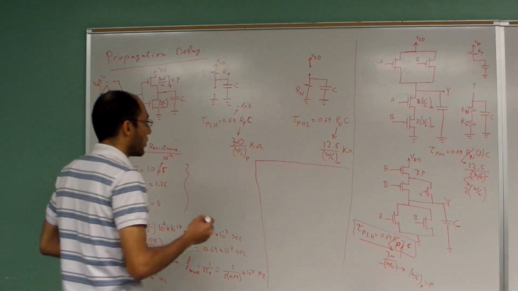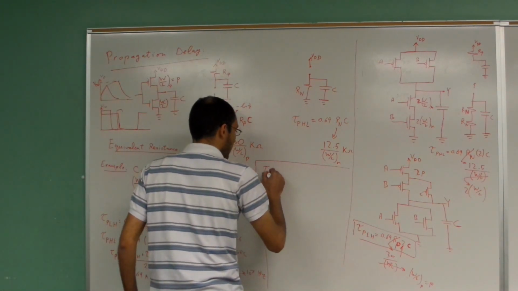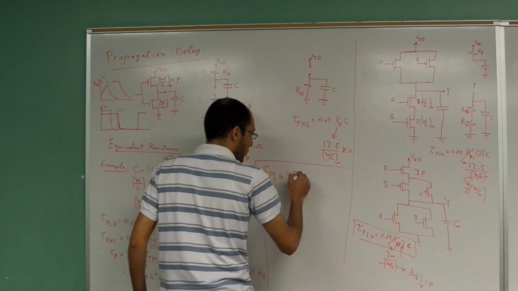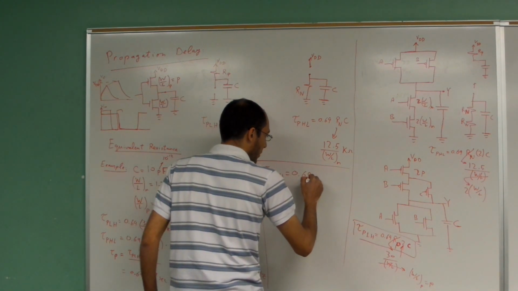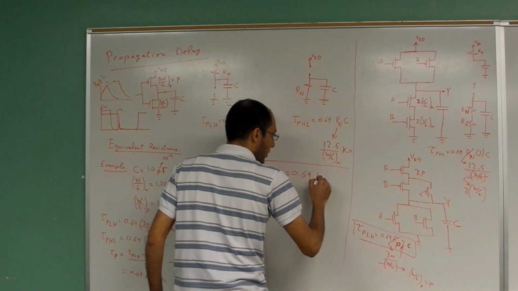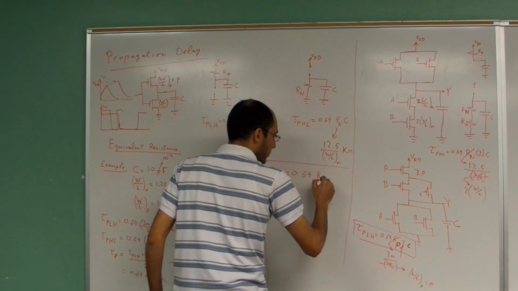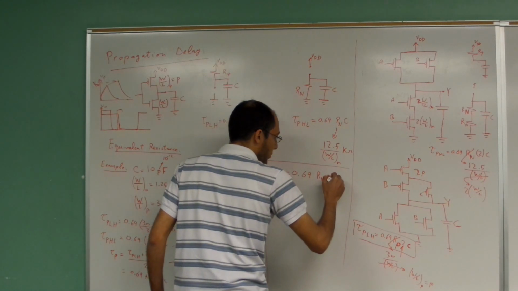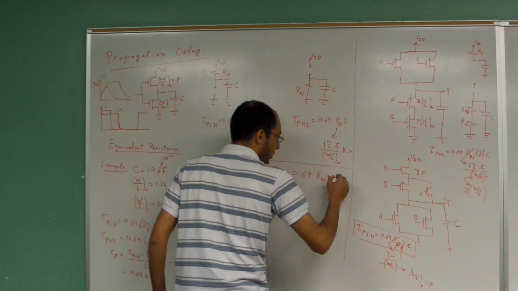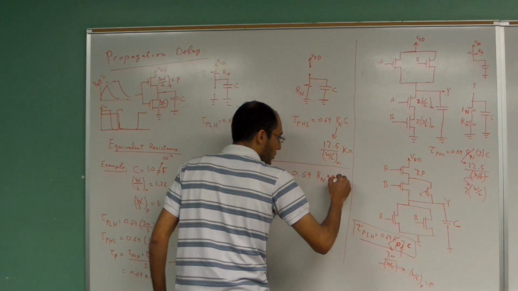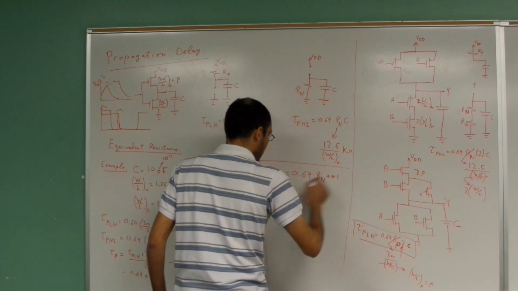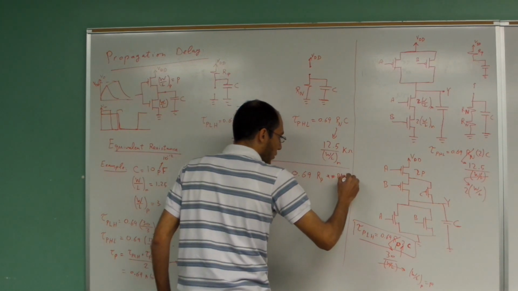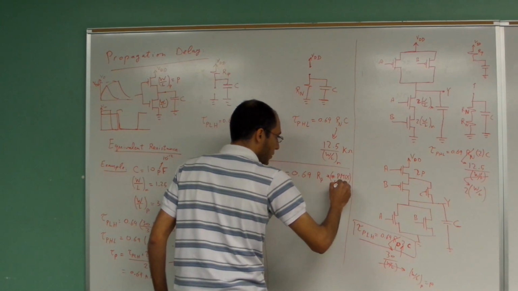All right? So, as the bottom line, let me write down: tau propagation low to high is equal to 0.69 multiplied by Rp, multiplied by the number of transistors in series, number of PMOS in series.